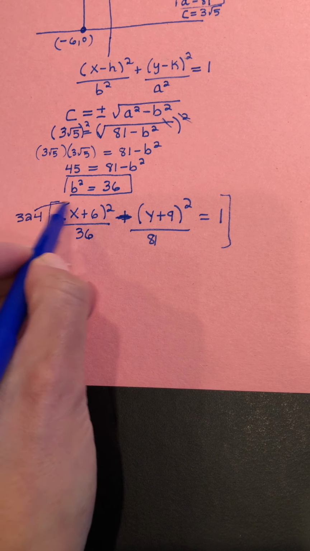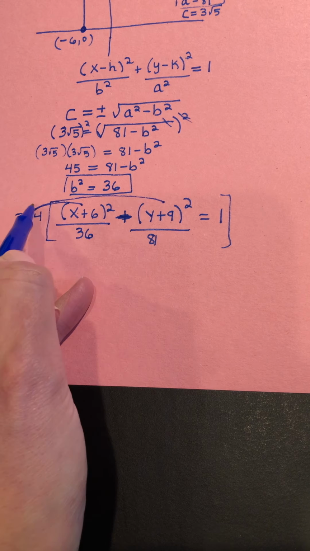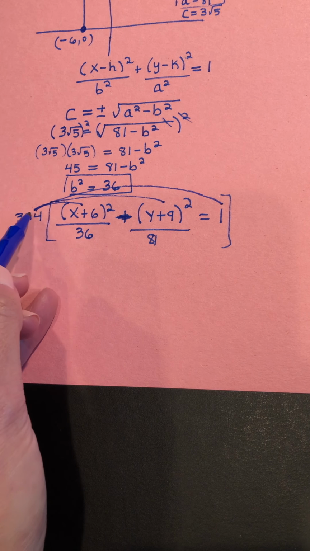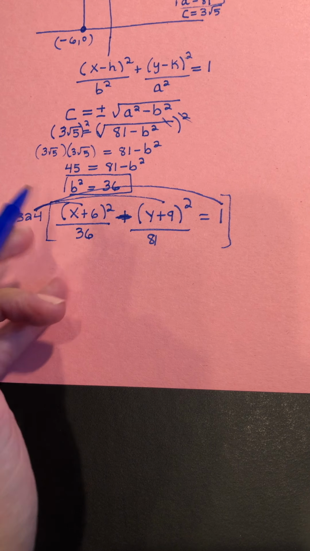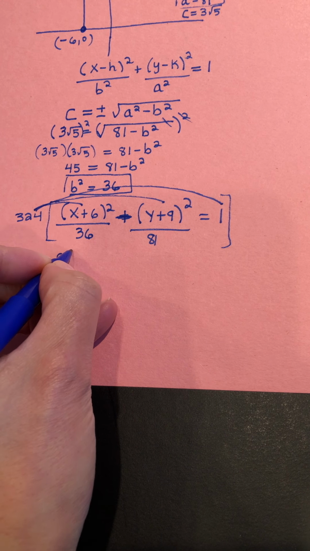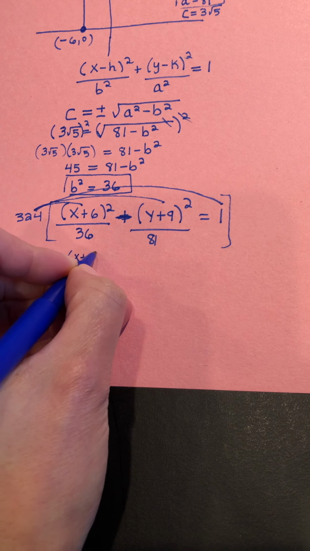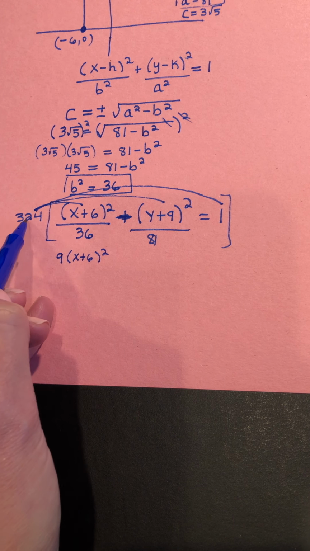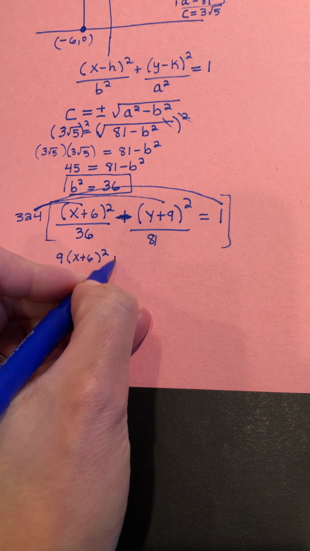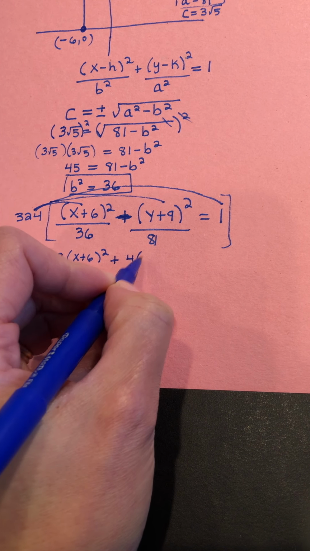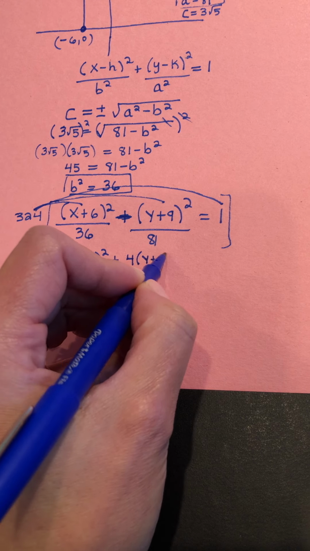If I multiply each term by 324, I will get the following. 324 divided by 36 gives me 9. This becomes 9 times the quantity x plus 6 squared. 324 divided by 81, that gives me 4 times the quantity y plus 9 squared.